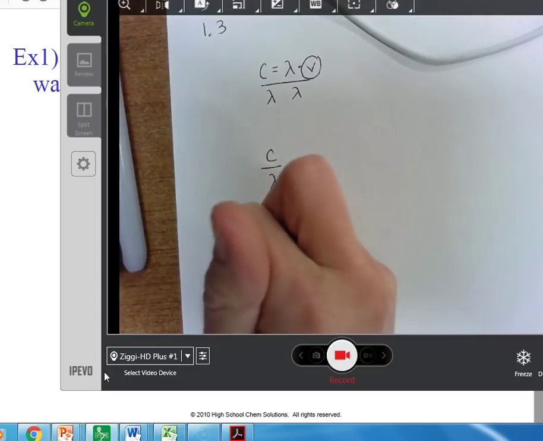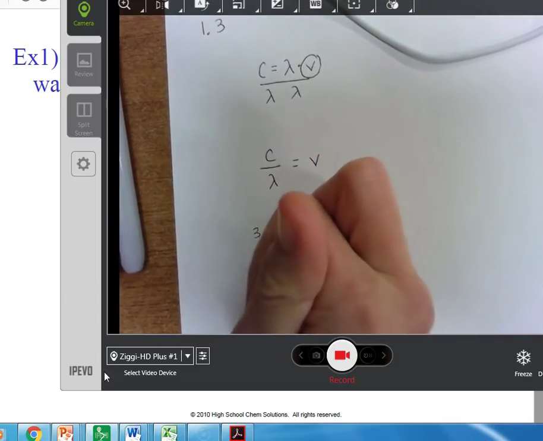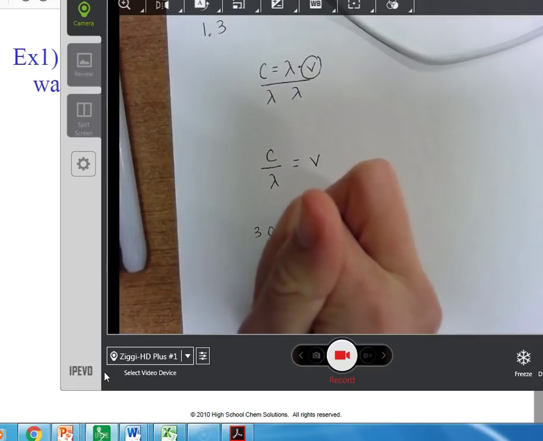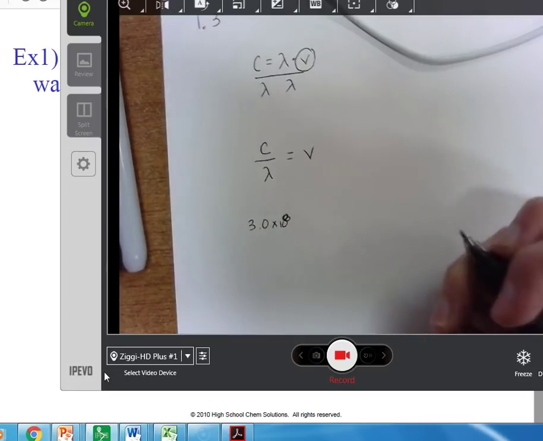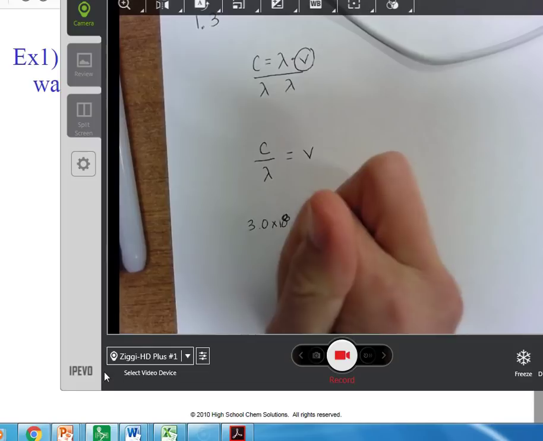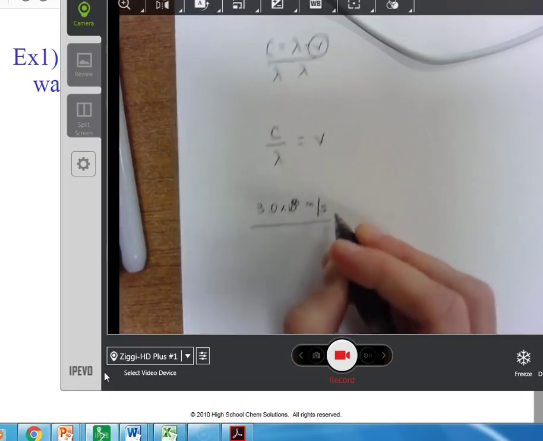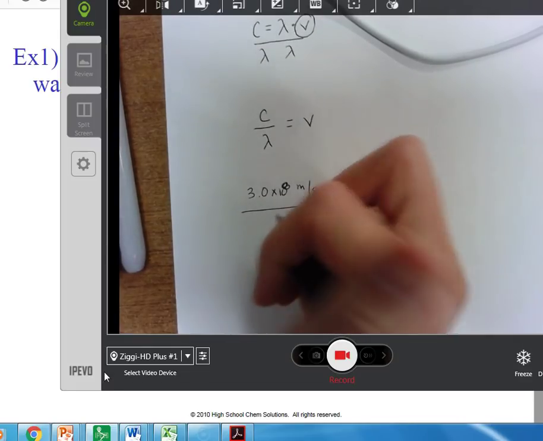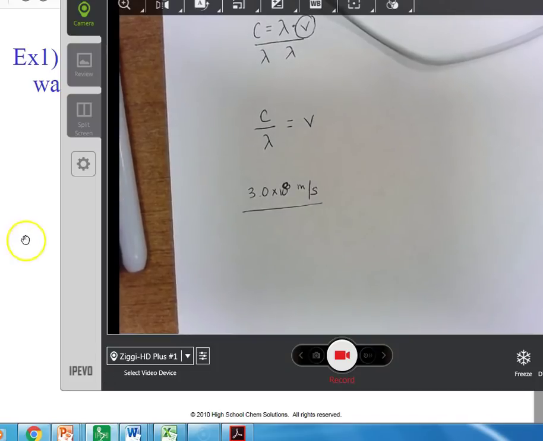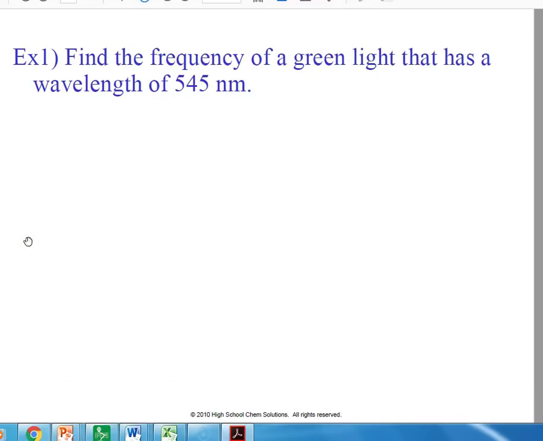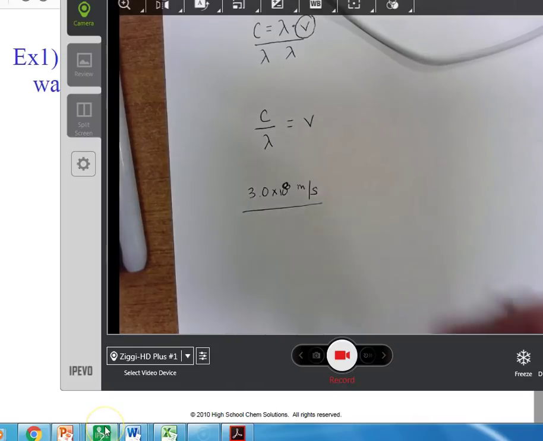We know the speed of light is 3.0 times 10 to the 8th meters per second. And the wavelength they give us is 545 nanometers. So I have to be careful with that.